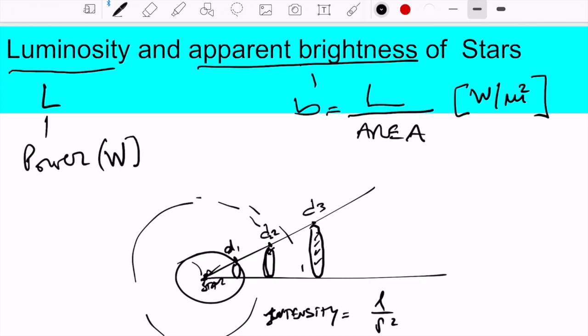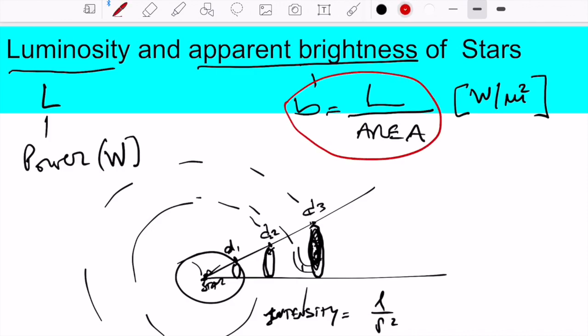So when you're looking at the B, the intensity, it is the luminosity per unit area that is being received by an observer standing at a certain distance, right? So the luminosity is something that we can use and measure. This is measurable.